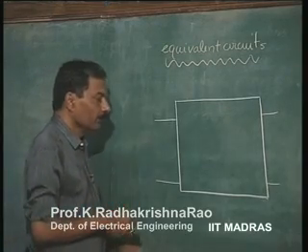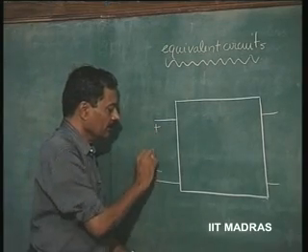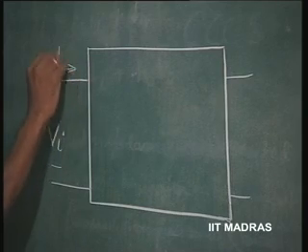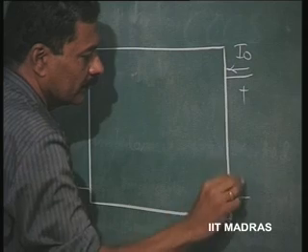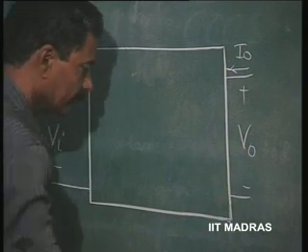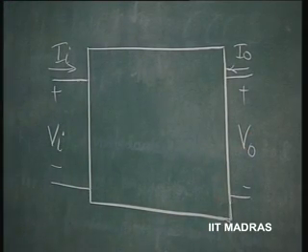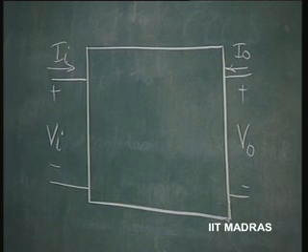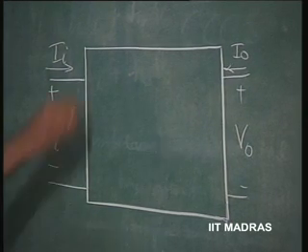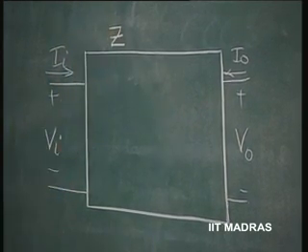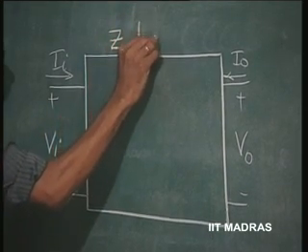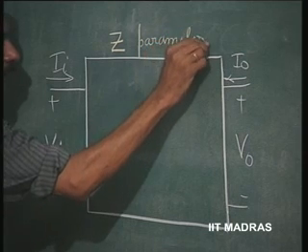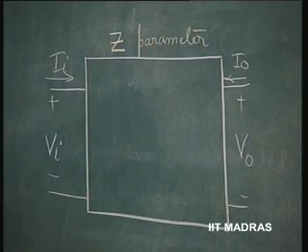We know that this is Vi and this is Ii, this is I0 and this is V0. Now, inside, I can represent it as a Z parameter equivalent, just for example. Instead of putting those equations, I will put it in a pictorial manner. That is what an equivalent circuit is.